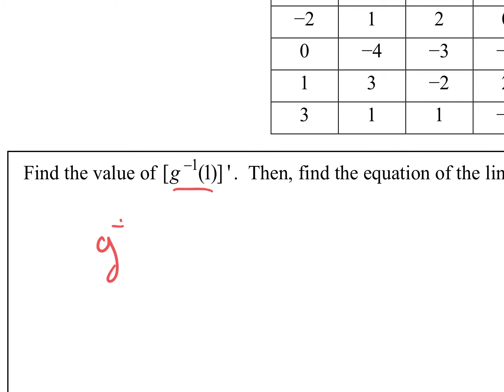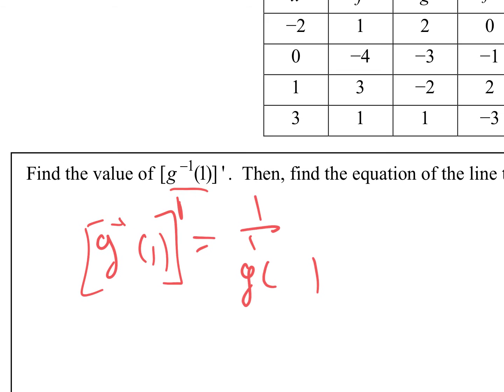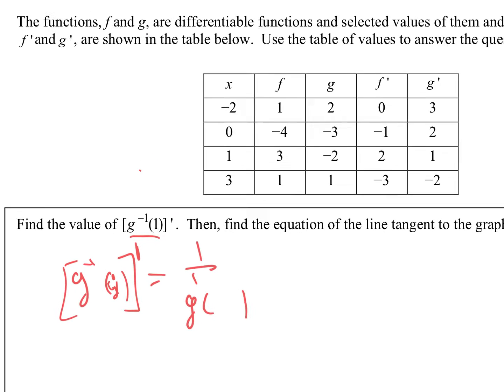G inverse of 1's derivative is 1 over g prime of some number. So since I have the y value is going to be a 1, this is a y value. This 1 is a y value of the g.